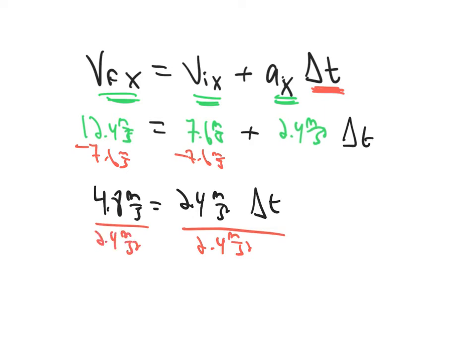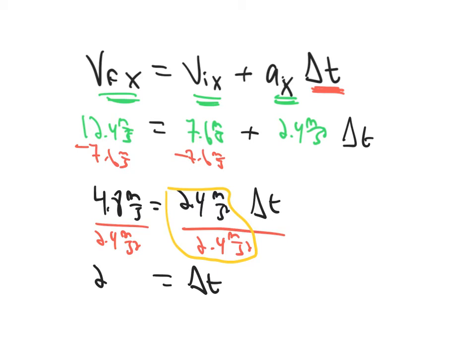And over on the right, of course, anything over itself is 1, and I no longer need to write it, so I have just delta t. You might have math teachers who tell you you canceled it, and that's fine. I'm not opposed to that terminology, but what you're really saying is anything over itself is invisible. And of course, 4.8 over 2.4 is 2, so we get 2.